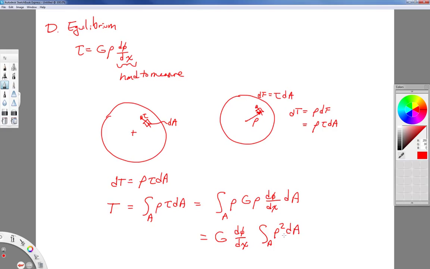Now you may have seen something similar to this, maybe in a statics class and maybe even in calculus when you talked about moments of inertia. The terms in this integral have nothing to do with the material properties or the stresses. It only has to do with the distribution of the area of the cross-section away from the center of the cross-section. This is called a moment of inertia.